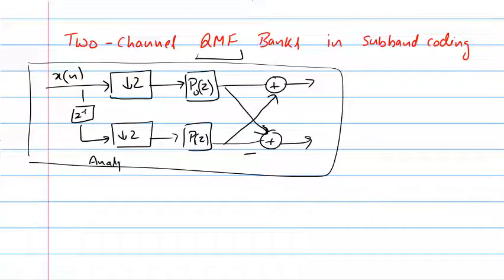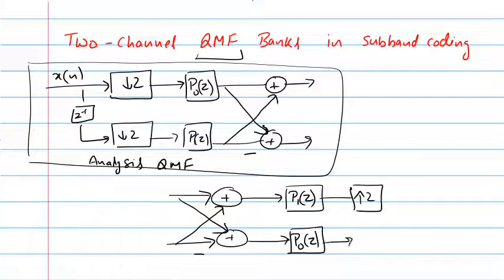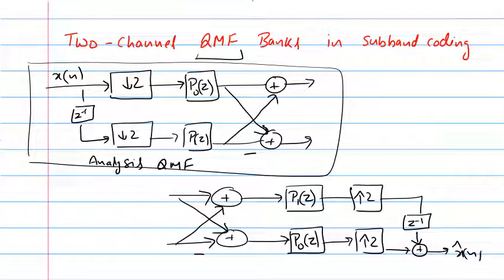This one is the analysis QMF, and the synthesis QMF will be something like this. So this is x̂[n].